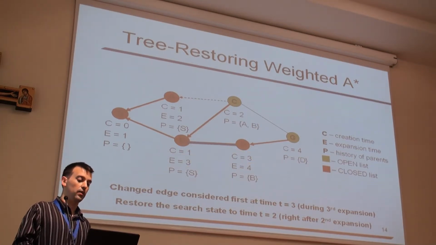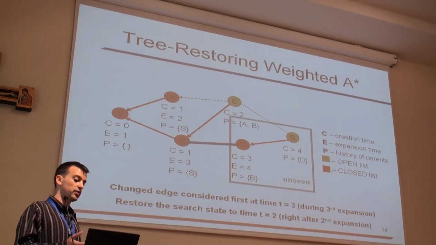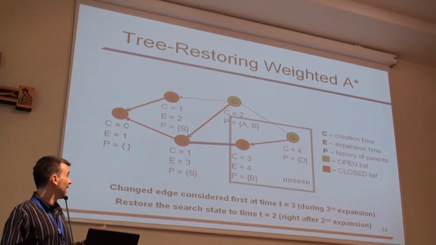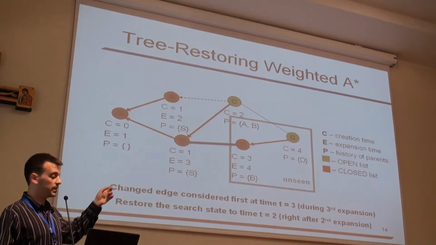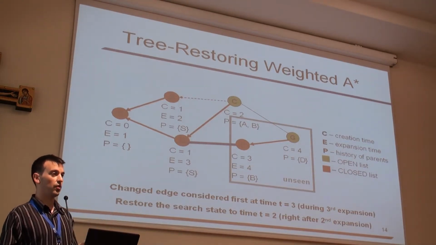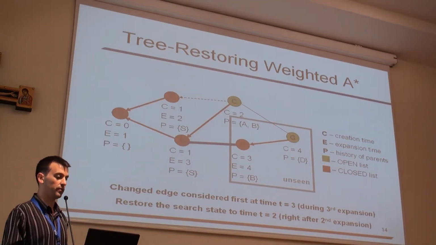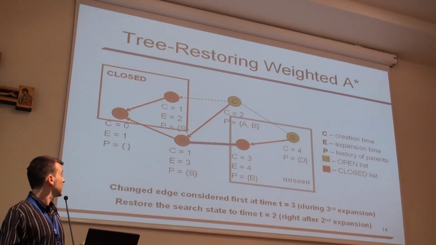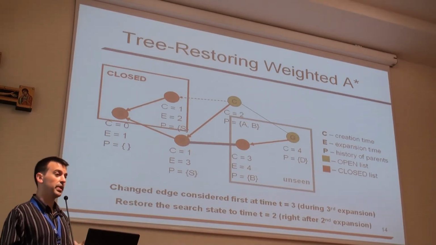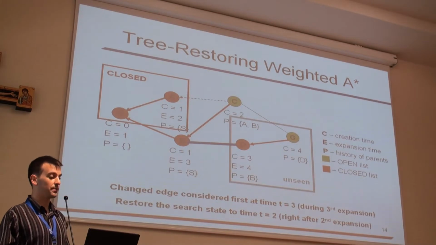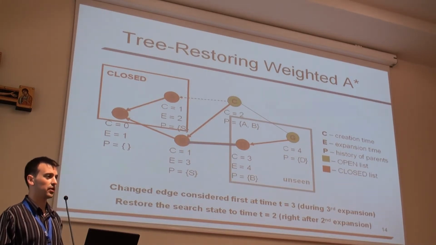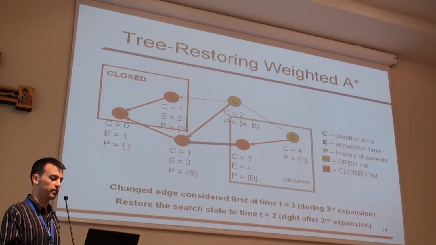So now let's consider the two states D and G. At time 2, these states have not yet been created, so they should be unseen by the algorithm. States S and A, on the other hand, have been created and also expanded at time 2, so they must be on our closed list since we have already expanded them.